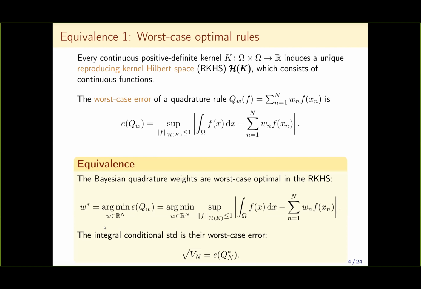Furthermore, you can show that this worst case error is actually equal to the conditional standard deviation given by Bayesian quadrature. This result will be very useful later on, because it allows us to leverage a lot of stuff from information-based complexity literature.